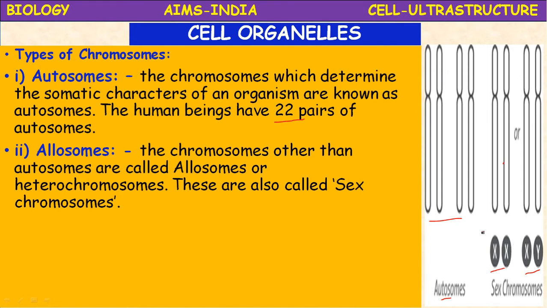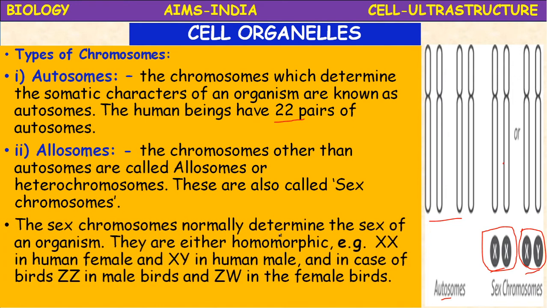That is called sex determination. If the zygote contains XX chromosomes, then it represents a female fetus or female child. If the zygote contains X and Y chromosomes, it represents the male child. So the sex chromosomes normally determine the sex of an organism.